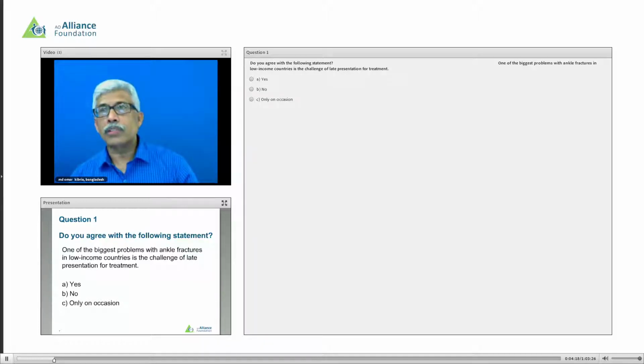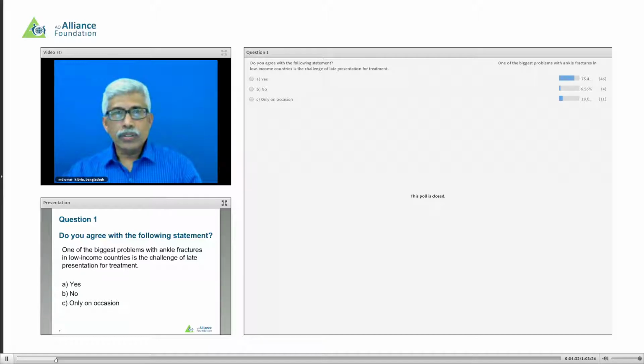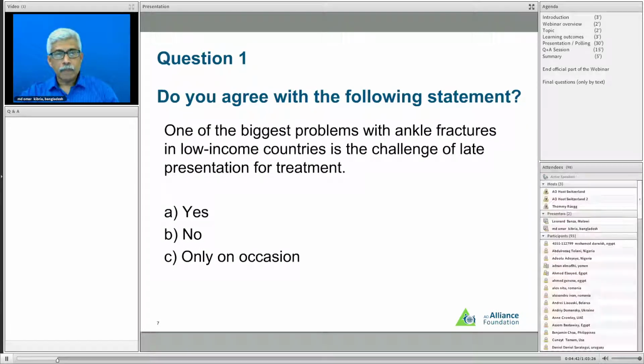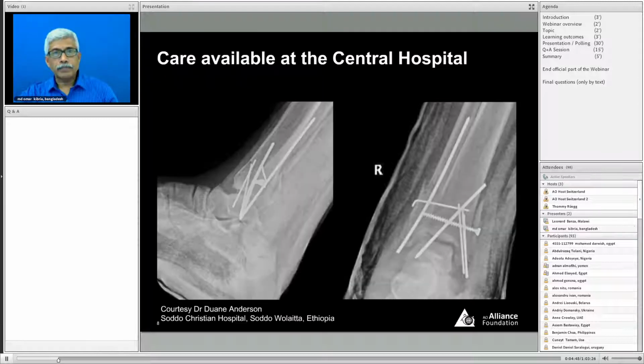Please put your votes. As you can see, most of the people have voted yes. That means late presentation is definitely a problem in low-income countries, which is really a challenge. We have to deal with this challenge. How can we do that? That is one of the issues today.